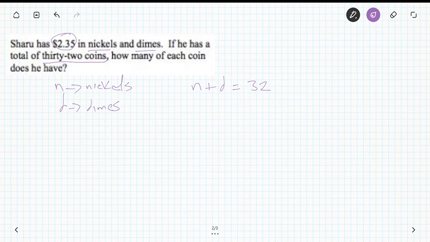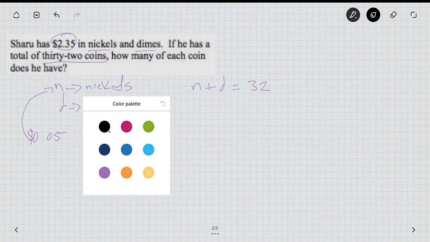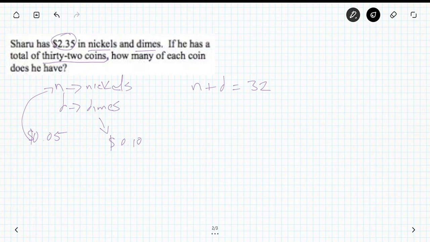So how much are nickels worth? Nickels are worth $0.05. Okay, that is how much a nickel is worth. And the dime is worth, let me put the dollar sign, $0.10. Okay. All right. So the first line deals with quantity.